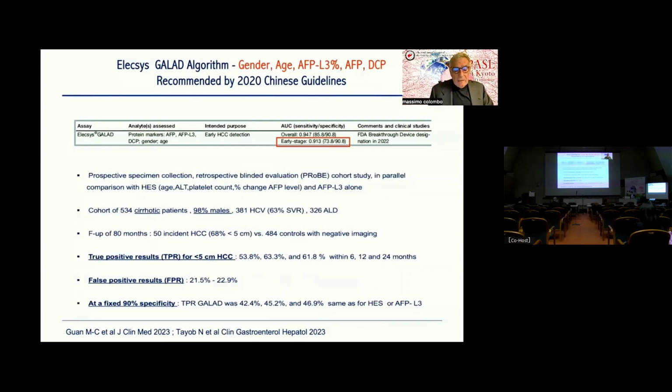The GALAD was found to have a poor predictability, 42%, the rate of true positive result when specificity was set in a competitive manner at 90%. No better than other algorithms like ages, age-ALT platelet count, percent change of alpha-fetoprotein level, and alpha-fetoprotein L3 alone.